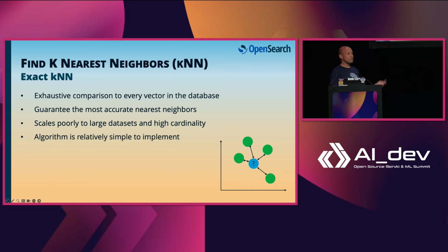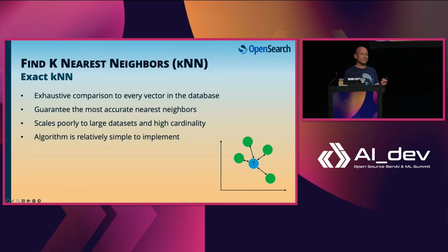After we determine the space, we can run the algorithm for finding the k nearest neighbors, the KNN algorithm. Now, the exact KNN algorithm is essentially a brute force algorithm. It runs exhaustive comparison to every vector in our multidimensional space.